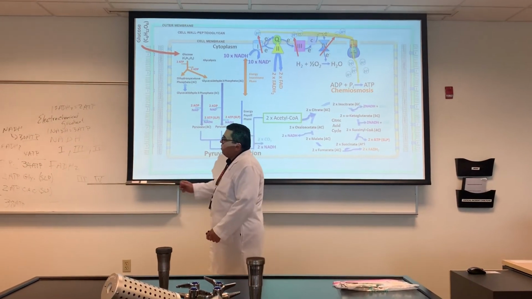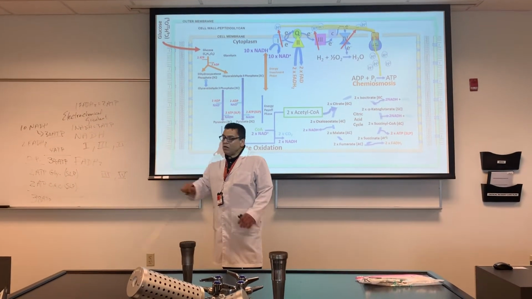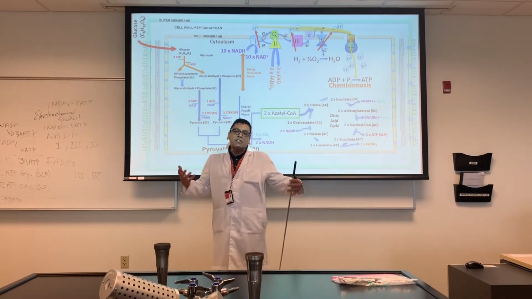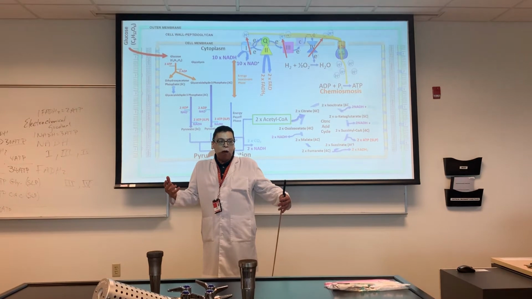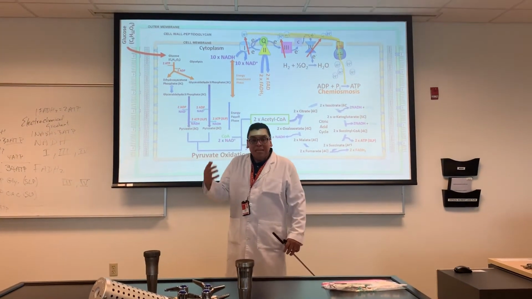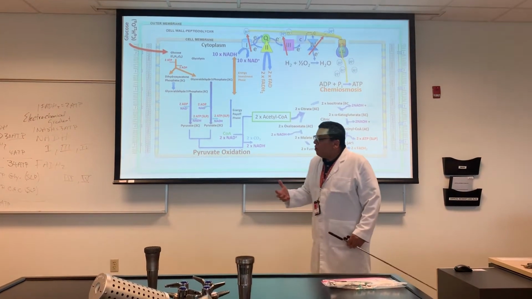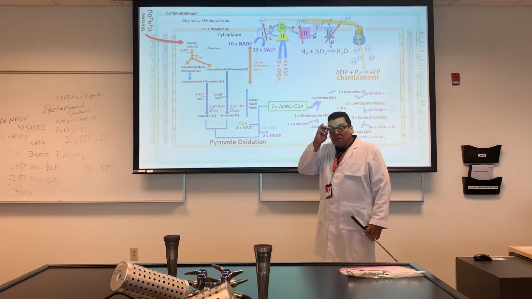And that's where you get most of the ATPs. So I always teach based on maximum outcome here. The maximum yield per glucose is 38 ATPs.